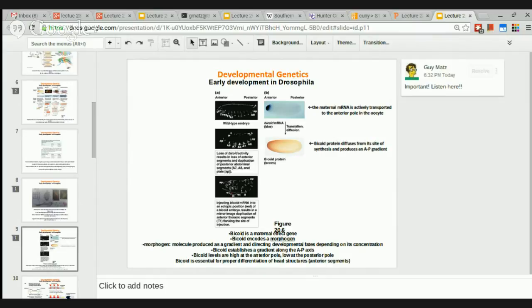That's an interesting experiment, because in doing this, you're generating a gradient abnormally, say, over here, like at this point of injection, and you'll have a head segment that forms right there at the site of injection, and then you have the first thoracic segment, etc. So really, you see, you can fool the system by simply enforcing the production of a different gradient, and that shows that bicoid is an activity that is important to form the head structure, and that allows the recognition of the anterior pole.